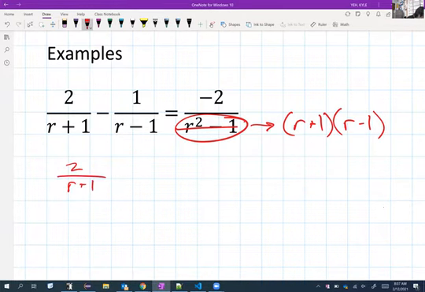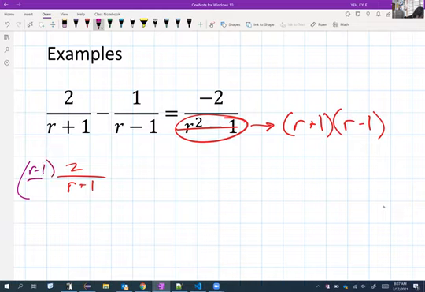So 2 over r plus 1, I'm going to multiply that one by r minus 1 over r minus 1. Now I have r plus 1, r minus 1 on that first rational expression. Minus 1 over r minus 1. And so what's missing there?